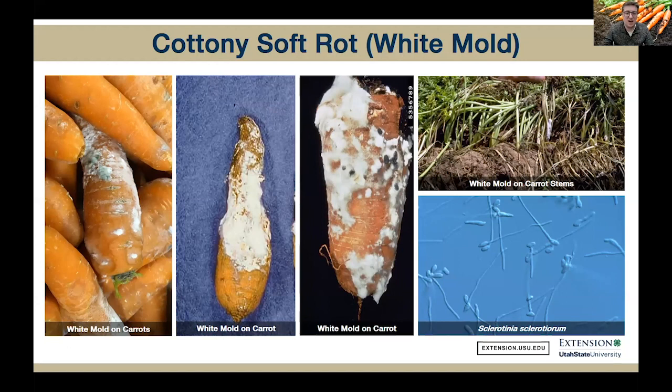I have a picture of that on the bottom right. And then eventually they'll release spores that are carried in the wind to other susceptible hosts to cause new infection. That's sort of the same pattern that we'll see with a lot of our fungal species. And the optimum conditions for this are around 60 to 70 degrees.